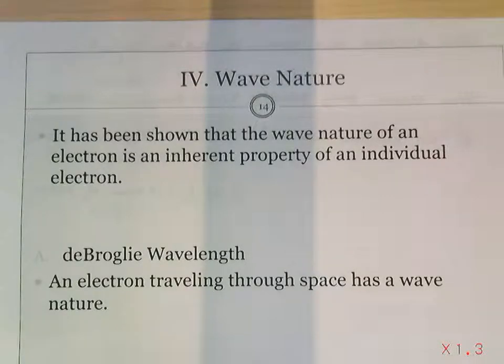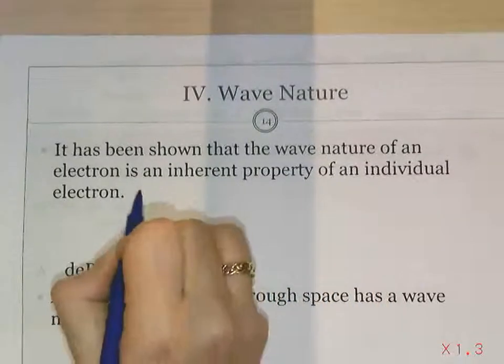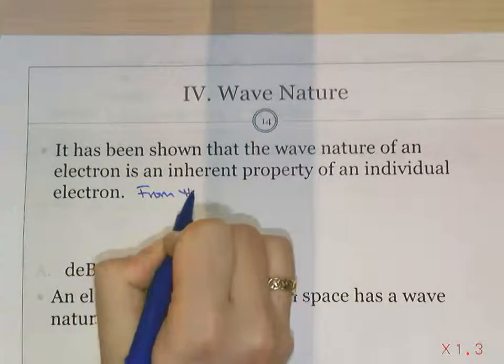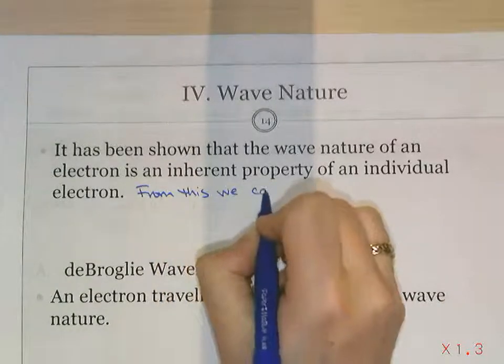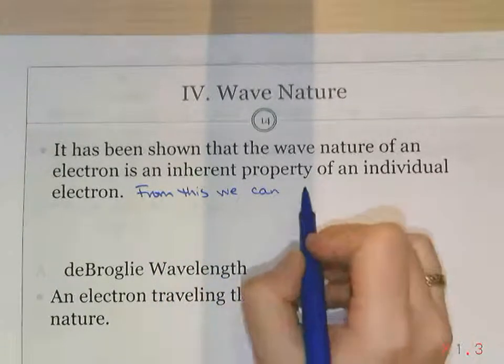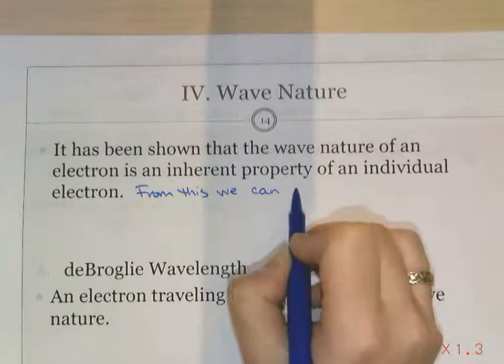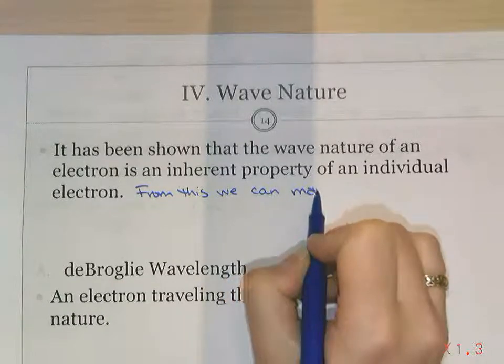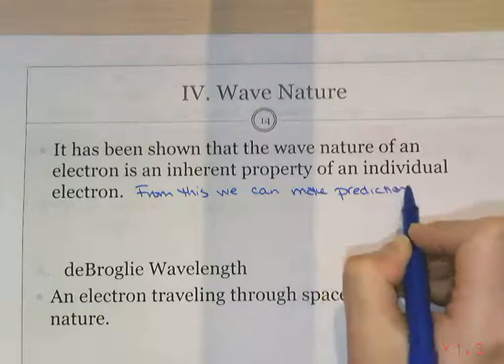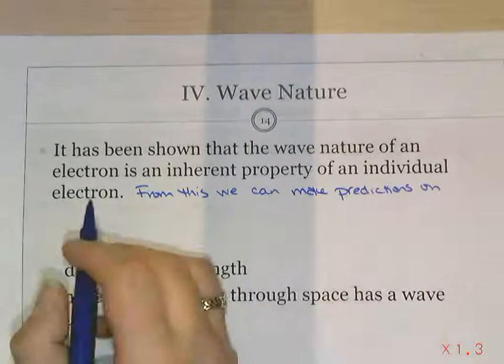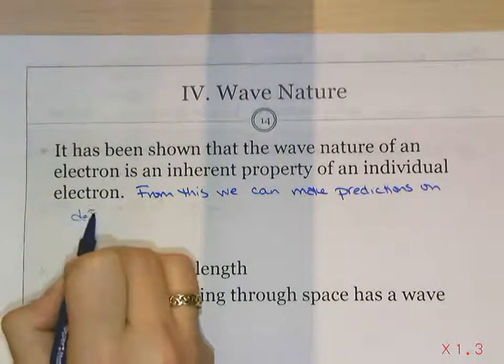Each electron has its own wave that it performs. We'll talk about this de Broglie wavelength in a second.